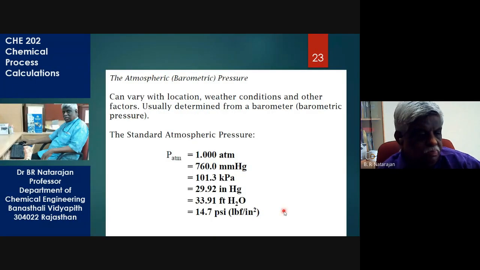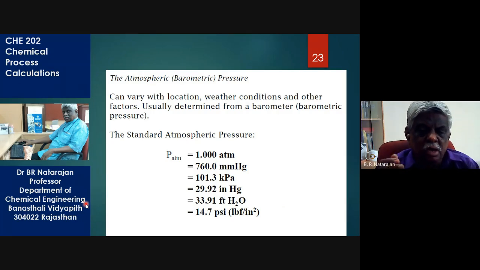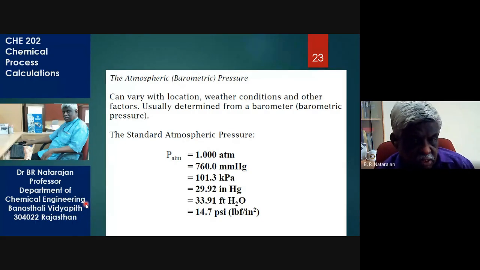Now, these are some units which must be there in the back of your head, like you use spoon and fork on the dining table. As chemical engineers, we keep using these data very often, so they must always be at your fingertips. So what are these things? Atmospheric pressure means 1 atmosphere.